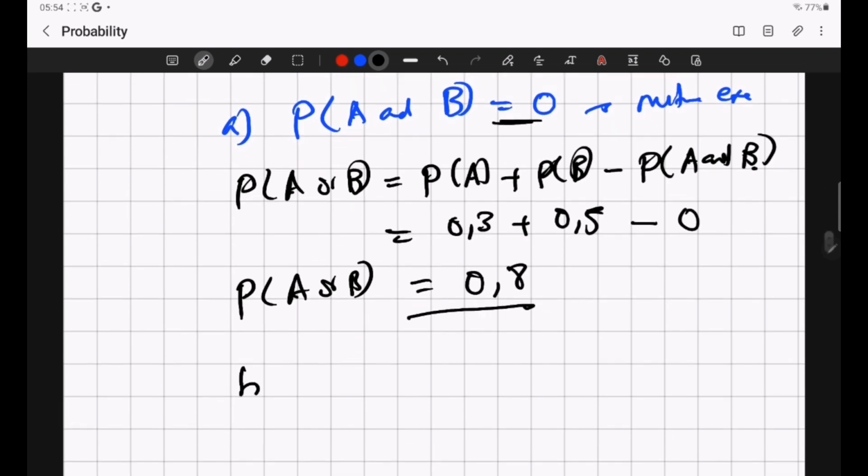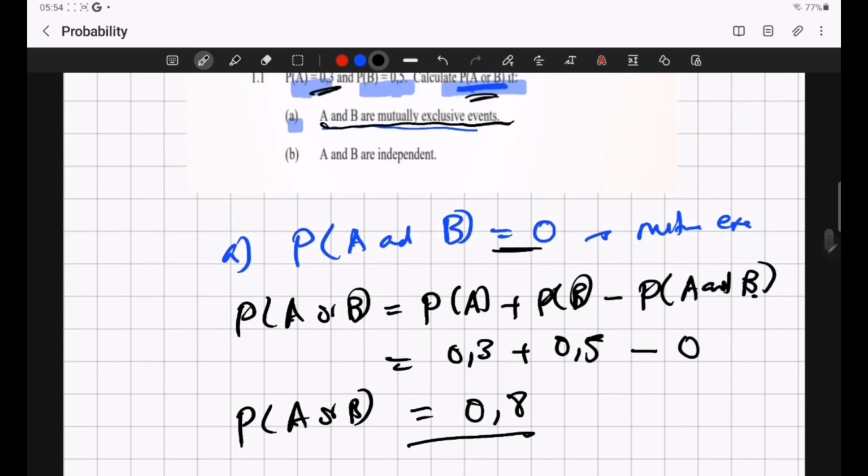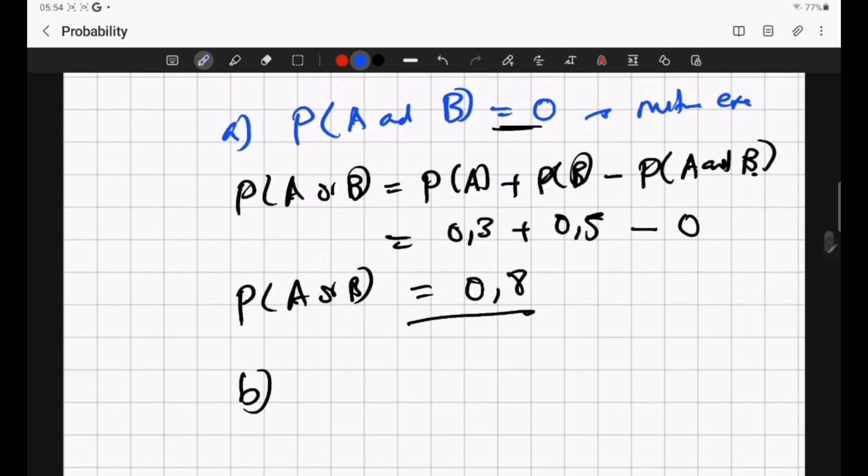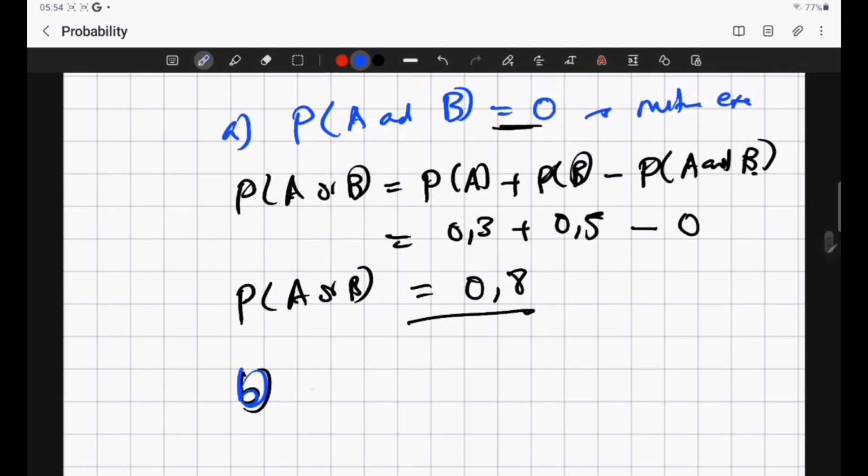For part B, they are saying if A and B are independent, also find the probability of A or B. So first point again, the condition for independence. If two events are independent, we multiply their probabilities to get the intersection. Probability of A and B will be probability of A times probability of B. Why?